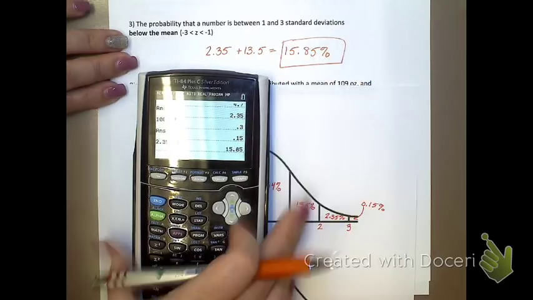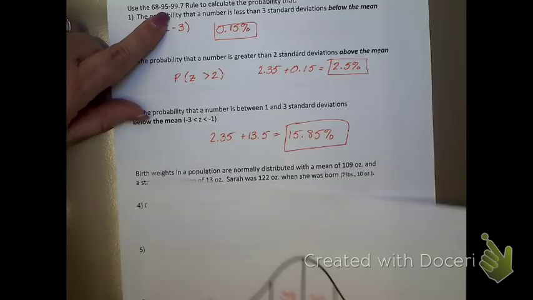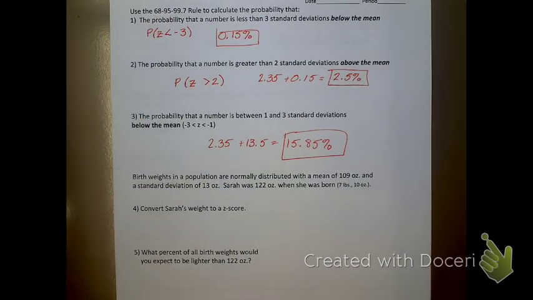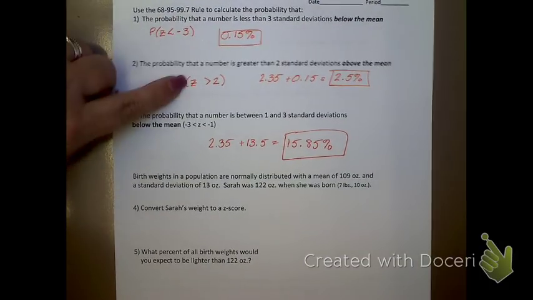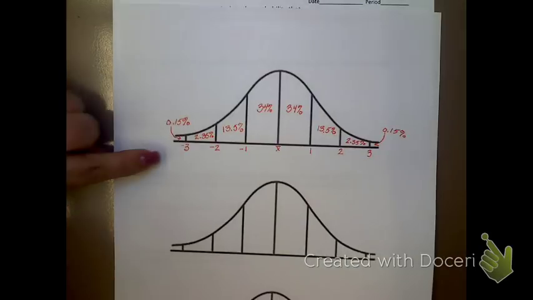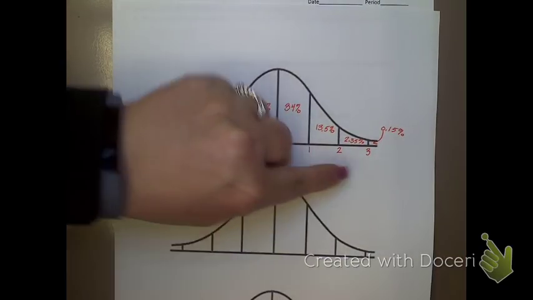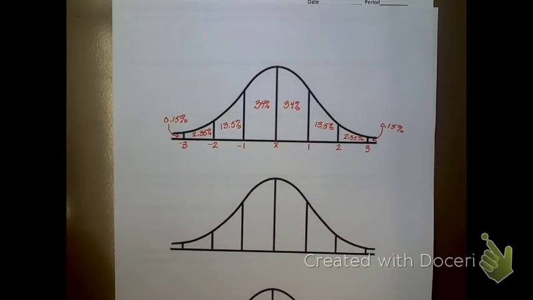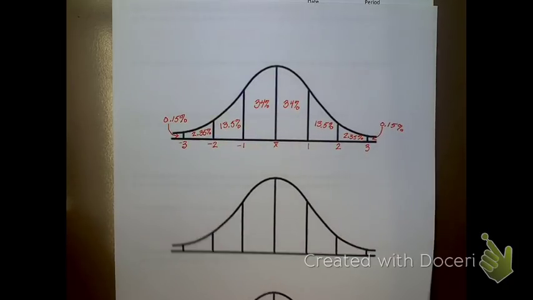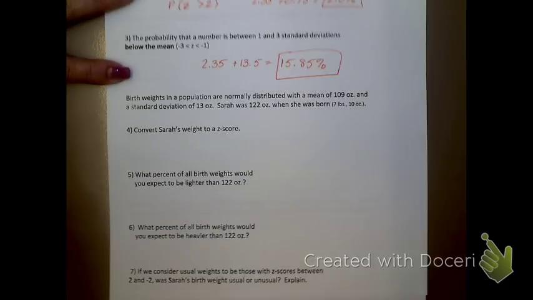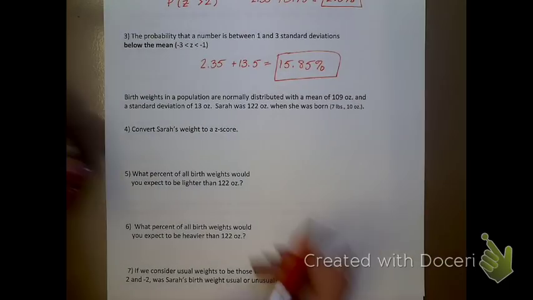Okay, so all of those are using the 68, 95, 99.7 rule. I don't have to have any z-scores, even though Z could be listed there, it's going to remain these nice values of Z that I can use that rule for. Okay? All right, moving on to the next problem.